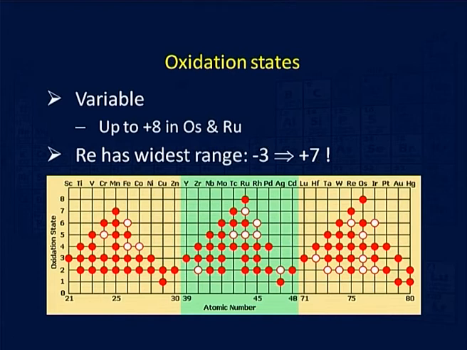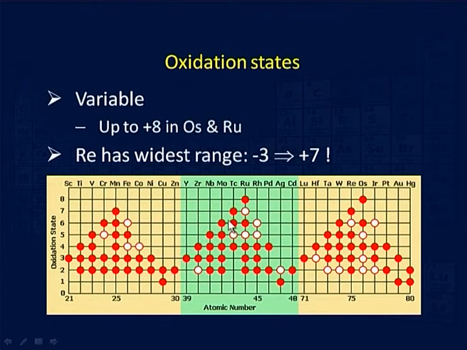This figure represents the different variable oxidation states of the elements of the first, second and third transition series together. You can see that in the first row transition elements, a systematic pyramid is observed in the variation of the oxidation state.